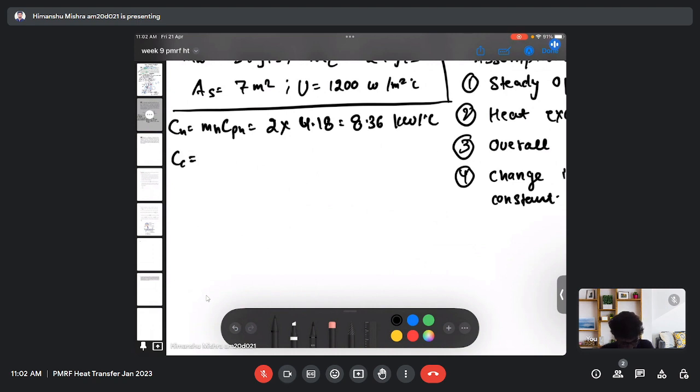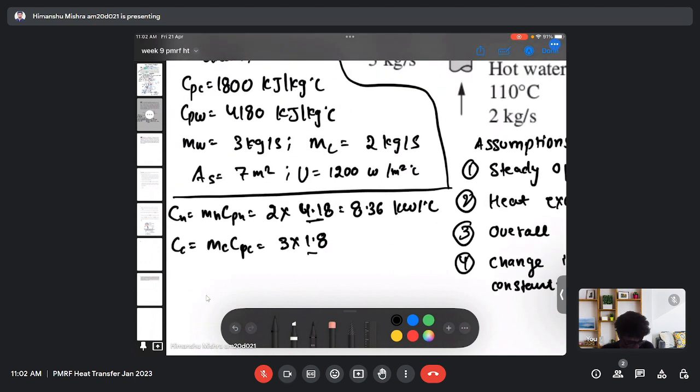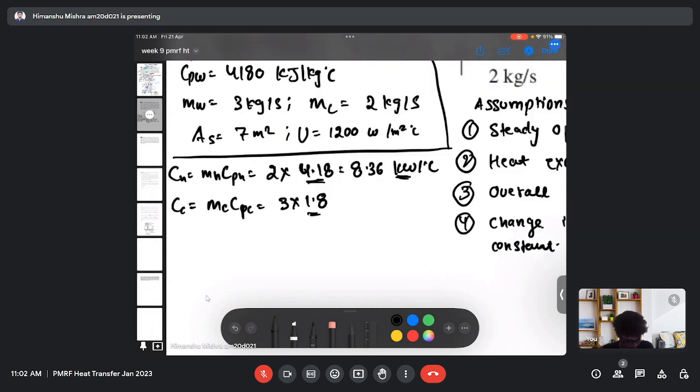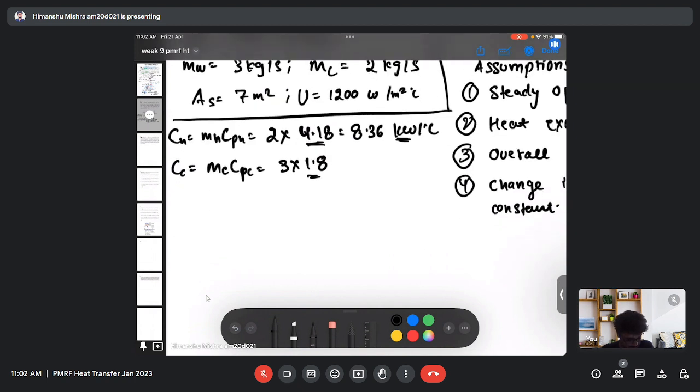And heat capacity for the cold fluid, similar expression. Here I consider the specific heat in terms of kilowatt, because I am writing the expression in kilowatt, therefore I am omitting the 10 to the power 3 here.